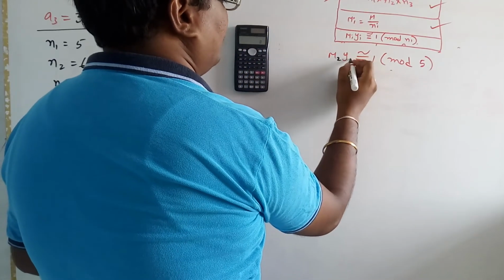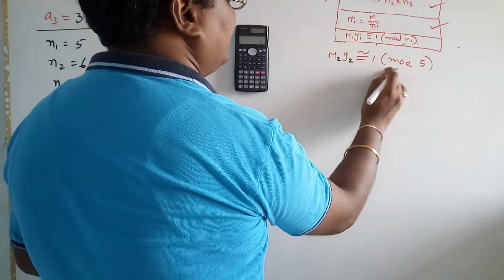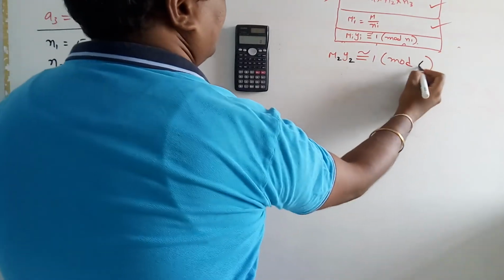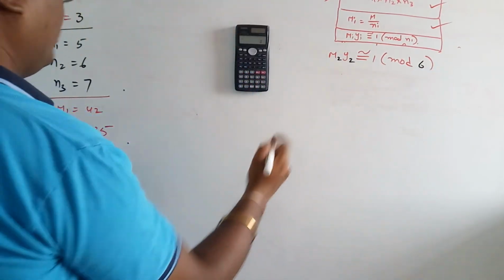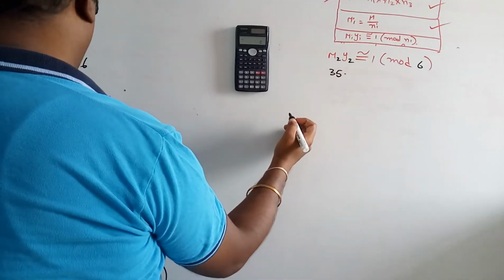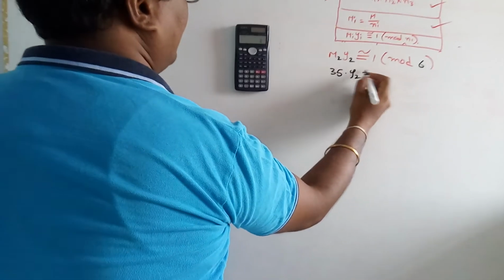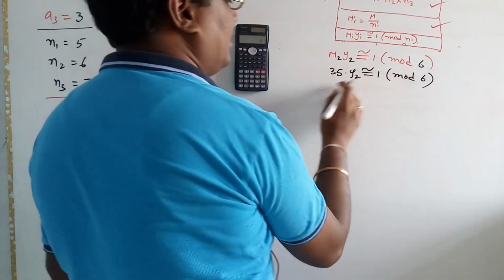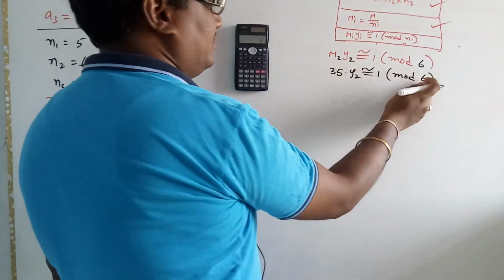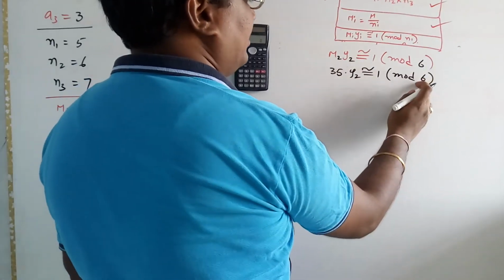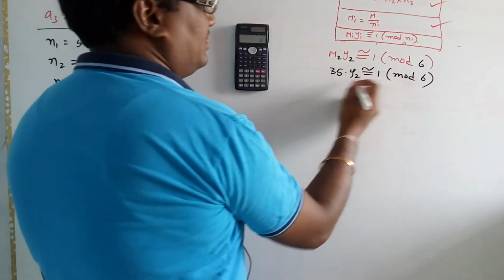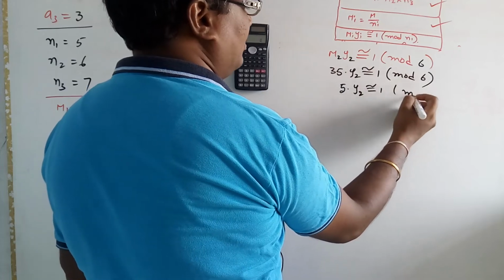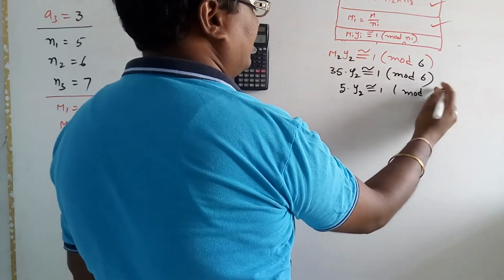Therefore, M2 Y2 is congruent to 1 mod N2, where N2 is 6 and M2 is 35. So 35 into Y2 is congruent to 1 mod 6. Dividing 35 by 6, 6 fives are 30, remainder 5. So 5 into Y2 is congruent to 1 mod 6.